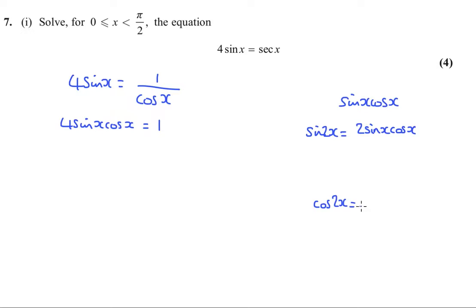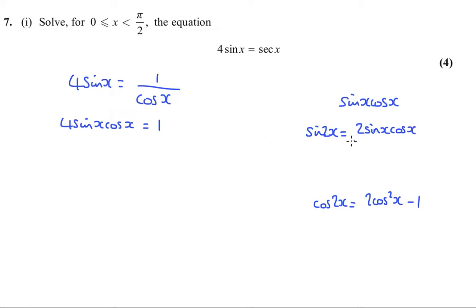Cos of 2x is equal to 2 cos squared x minus 1, or 1 minus 2 sine squared x. That's no use to us here, but this should be ringing some bells. If you see sine x times cos x, you should be thinking sine 2x.